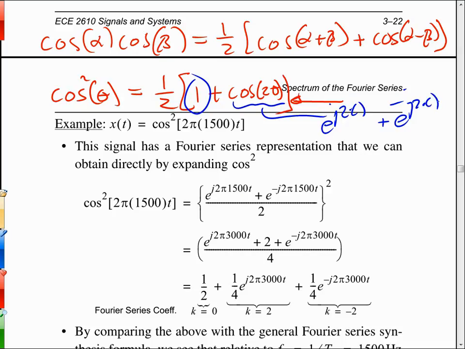And that's exactly what's going on in here. When I applied the square, after I applied Euler's first, I got a DC term, and then a 2x frequency term and a minus 2x frequency term.